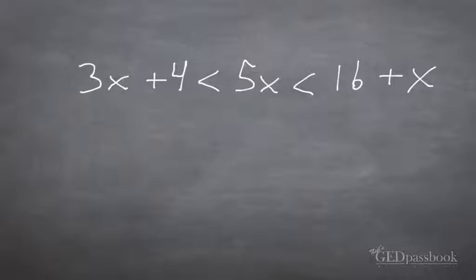So this is what you're going to do for these type of problems. You are going to, again, pretend these signs are equal signs, but you're going to do it in 2 steps. Pretty much, you are going to ignore this whole side over here.